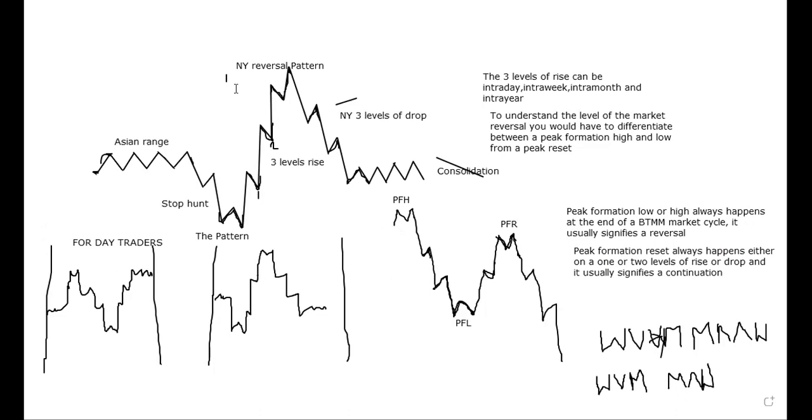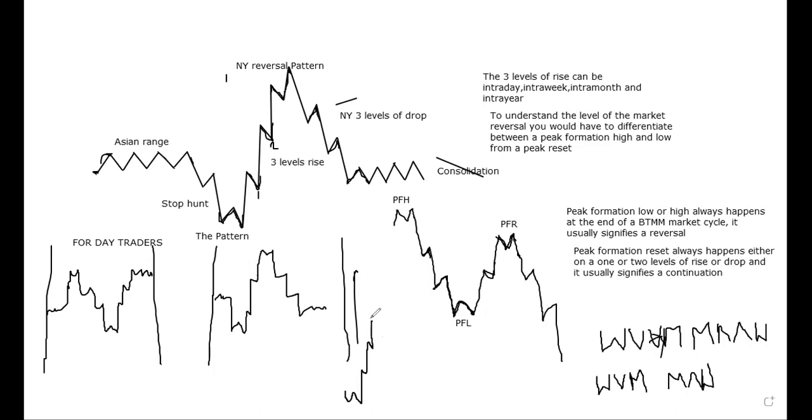let's just find a space to draw this so I can explain. Now, this is a peak formation, right? Let's say this is the peak formation. Let me use a W now. This is a peak formation low. Then we have 1, 2, then 3.